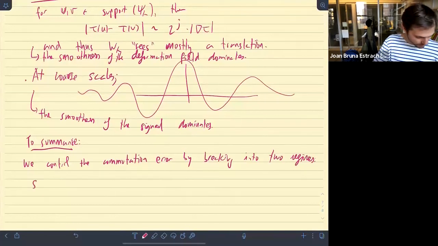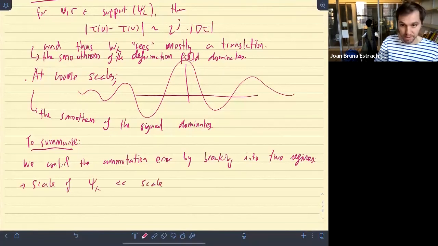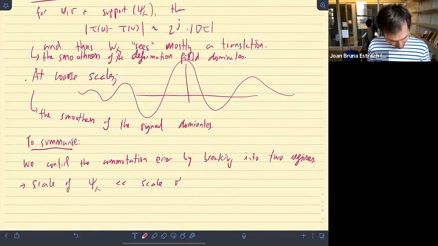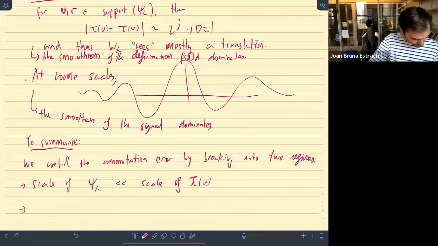Basically the scale of the wavelet becoming much smaller than the scale or the regularity of the field of view, and the other one is on when the region is smooth.